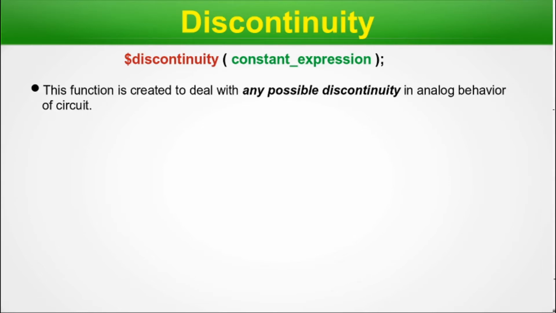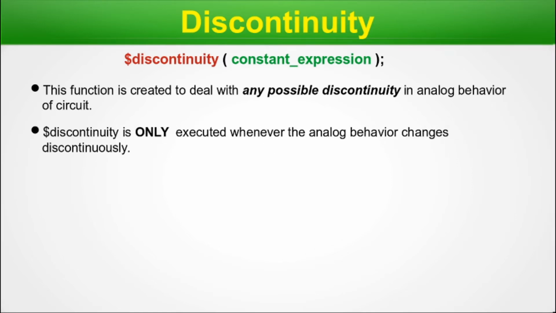This function is created to deal with any possible discontinuity in analog behavior of the circuit. That is what I just explained, that any circuit can have a discontinuity based on its equation, the mathematical equation. So discontinuity is only executed whenever the analog behavior changes discontinuously.